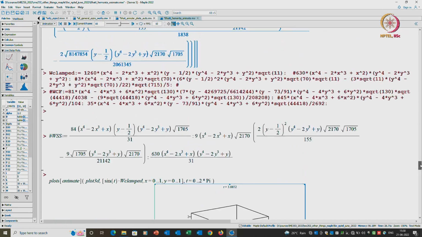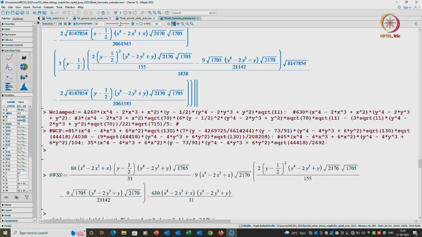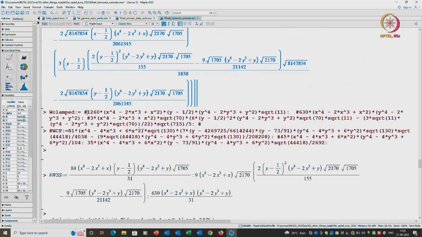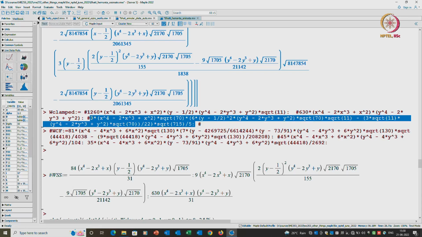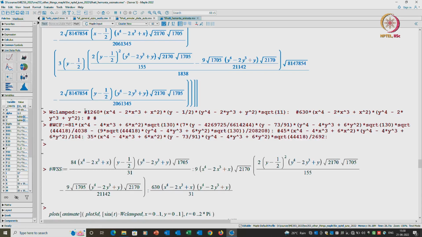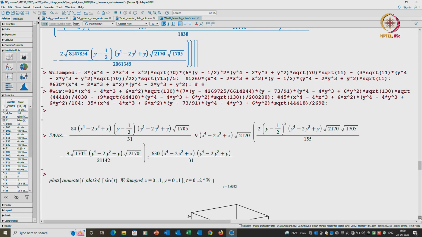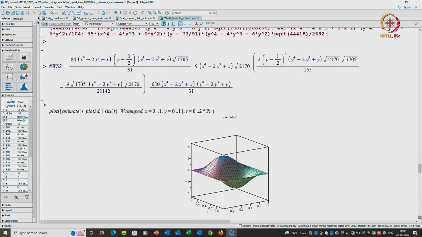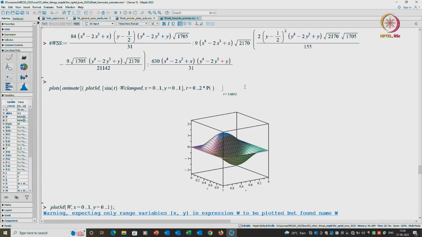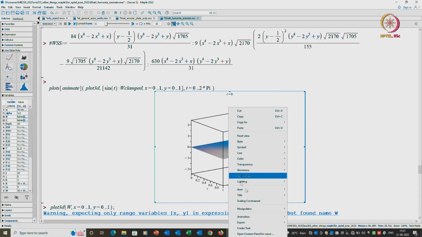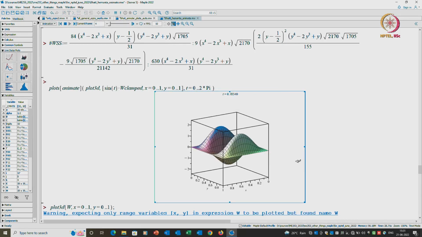Then let us do one more higher order mode. So, you can see there are now 3 half cycles in this direction, okay, and 1 half cycle.